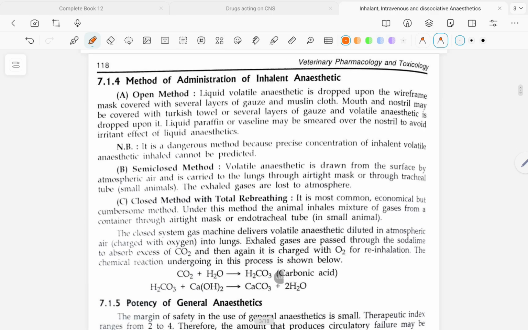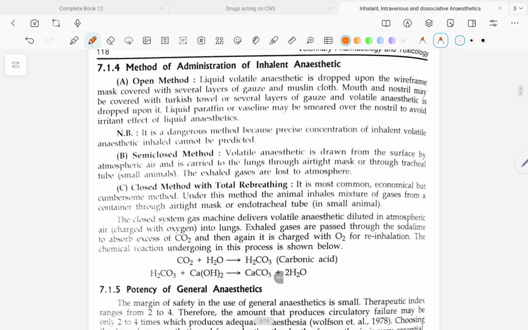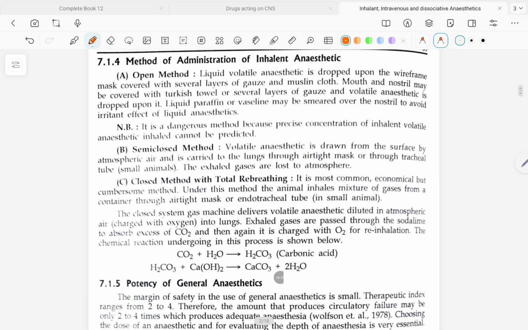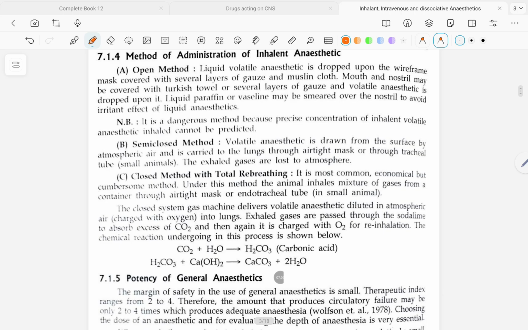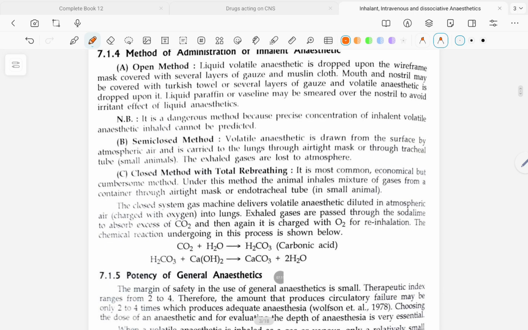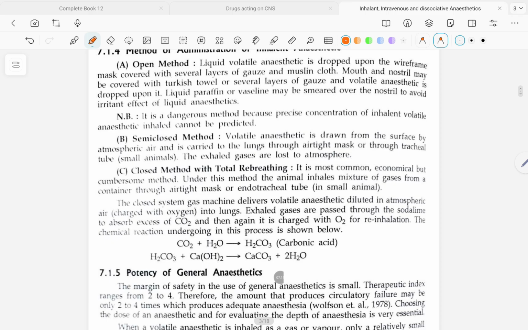Method of administration of inhalant anesthetic. Open method: liquid volatile anesthetic is dropped upon the wire-frame mask covered with several layers of gauze and muslin cloth. Mouth and nostril may be covered with a Turkish towel or several layers of gauze and volatile anesthetic is dropped upon it.